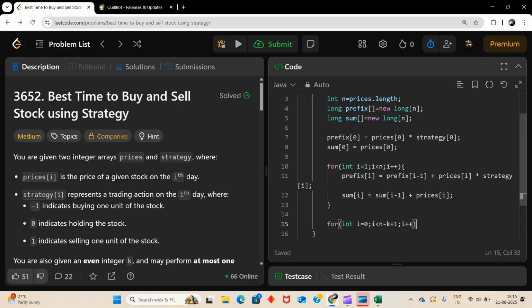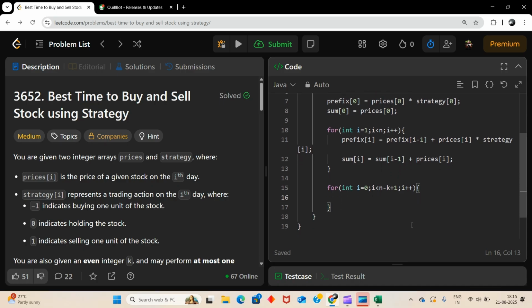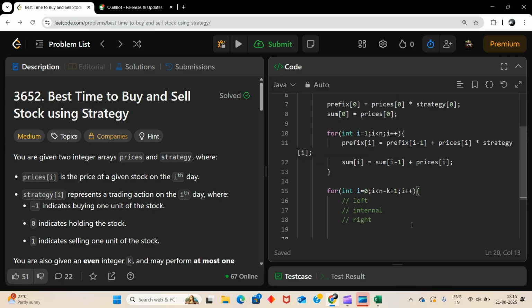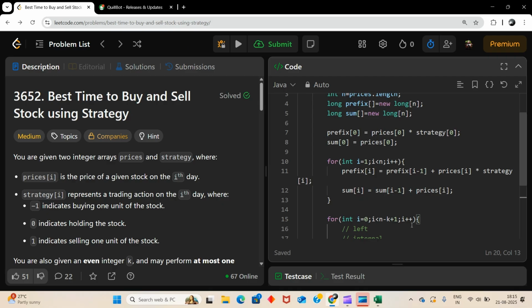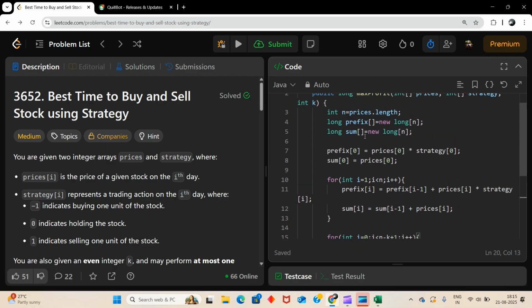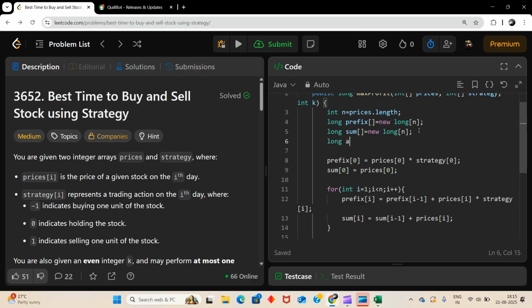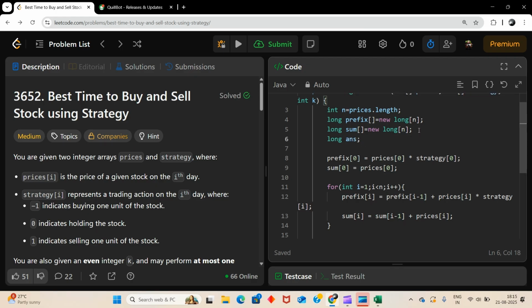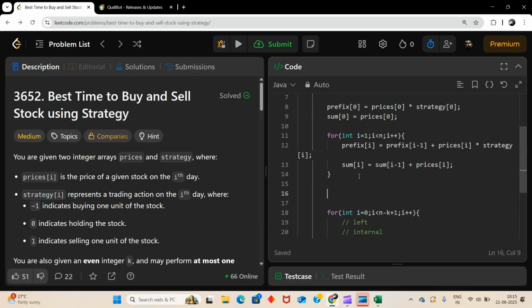i plus plus. Now for each window, we want to calculate left, right, and internal, and the maximum. Before that I will use one answer, long answer, which will be initially my prefix of n minus 1.